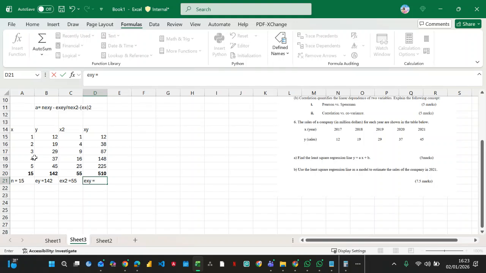And then b here is the intercept, understand? The a here is the coefficient of x. You can call it the coefficient of regression, or you can say it's the slope.